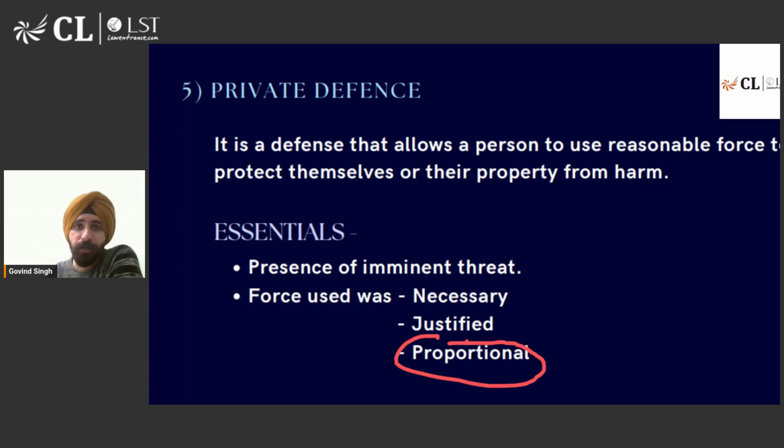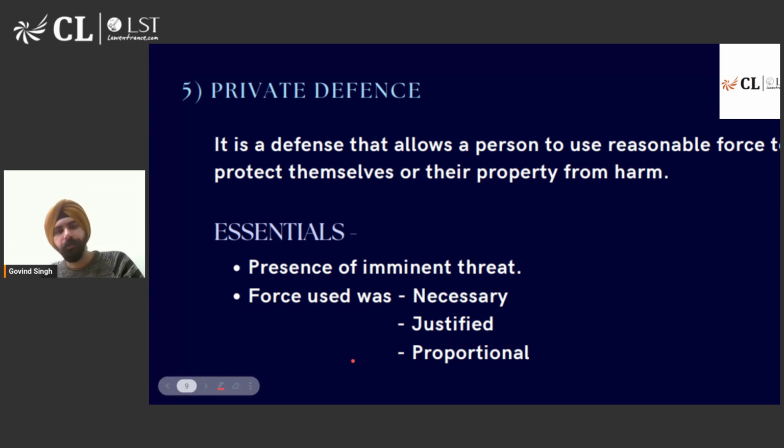He was planning to hit you with a stick, and you shot him in the head. You could have fired in the air to scare him away. You could have shot him in the leg or the arm to stop him. But you chose to hit him in the head deliberately to kill him. So you would not get private defense because the force was disproportionate. Okay, so this is the defense of private defense.